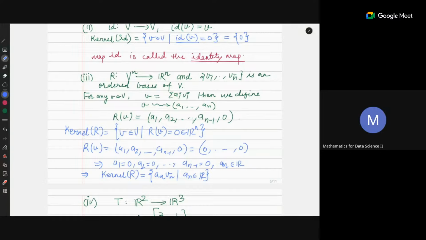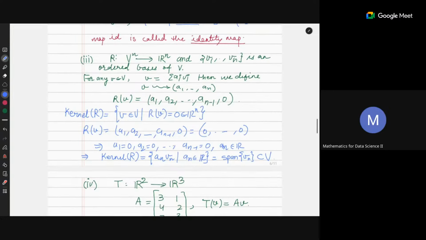This is the kernel. So it is spanned by one vector. It is nothing but the span of Vn in V. What is the dimension of this kernel? One dimension.